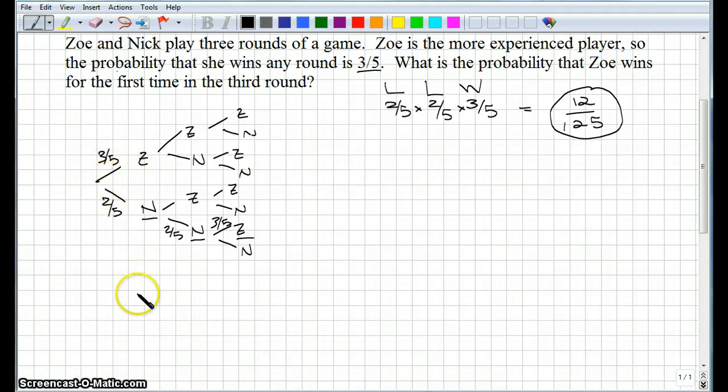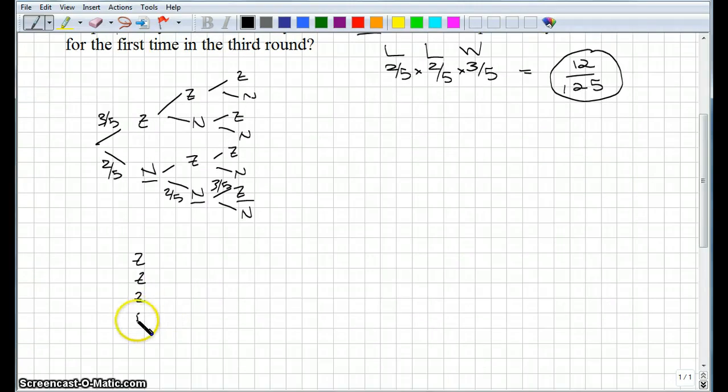So equivalently, it's almost like Zoe has 3 ways of winning out of 5, and Nick has 2 ways of winning. Okay? Does that make sense? So if these were all equally likely outcomes, this would give you the same probability as up here, right? So you'd have 3 ways that Zoe could win and 2 ways that Nick could win out of 5, all right, on the first round.